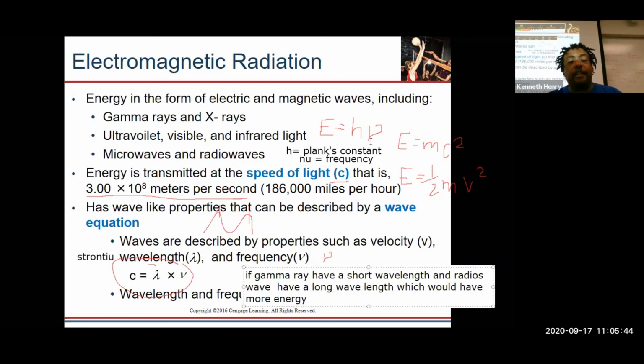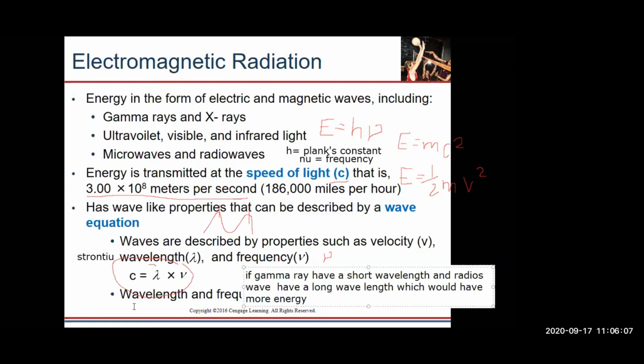That means that the energy is indirectly proportional to the wavelength. So as energy goes up, the wavelength is smaller. Remember I told you, gamma rays, the waves are so small that they go in and break up your DNA, right? They have more energy.